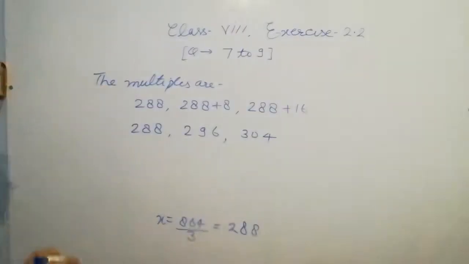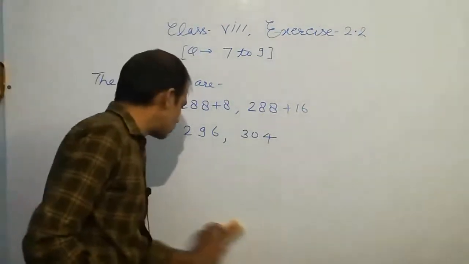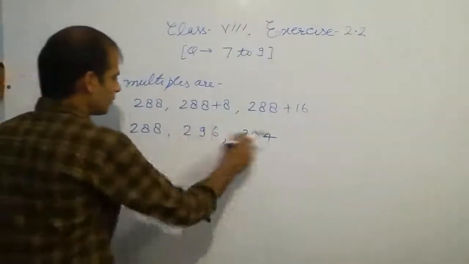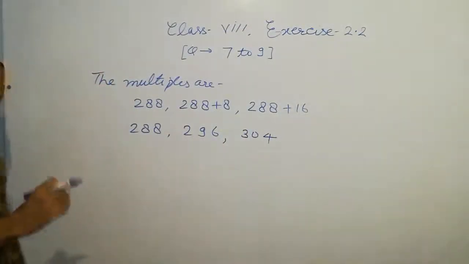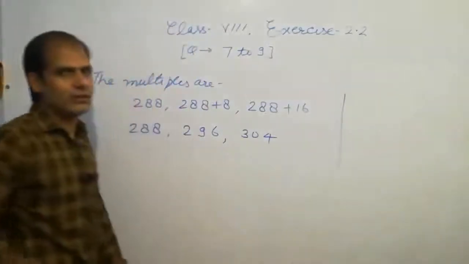So these are the 3 consecutive multiples of 8 whose sum is 888, and you can cross check your answer. How will you do this? Just find the sum of these. So if the sum of these is 888, means your answer is correct. So let's check it, and this can be done in rough.